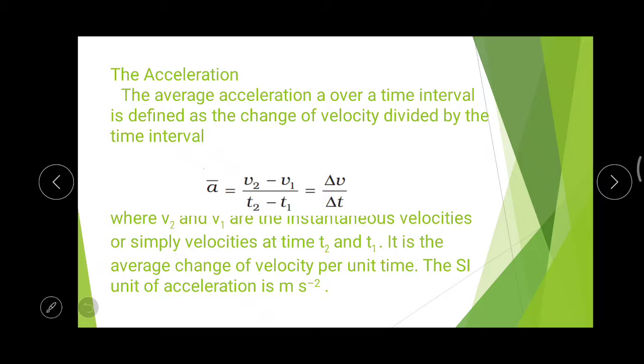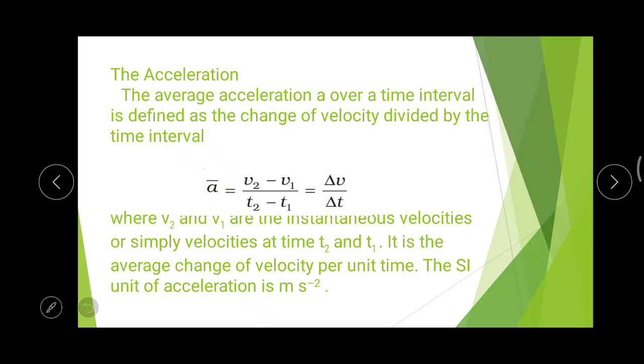Now we are going to see another term, that is acceleration. When we discussed velocity, we saw how fast the position is changing, and that is obtained by the velocity.